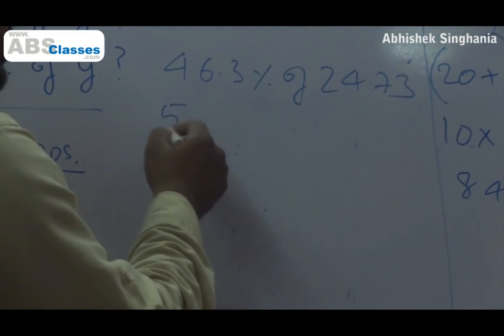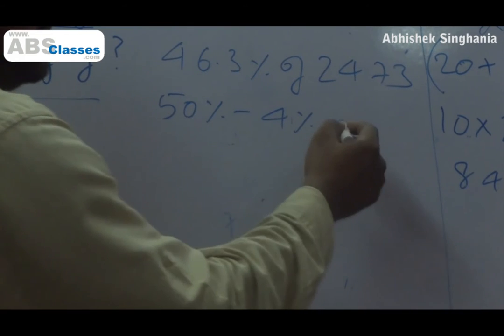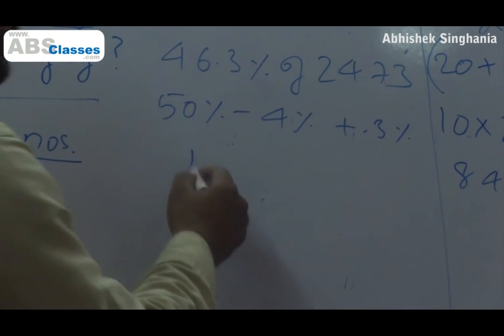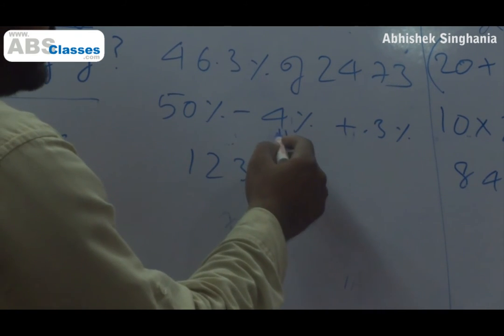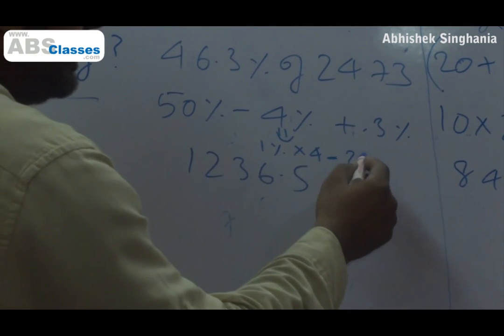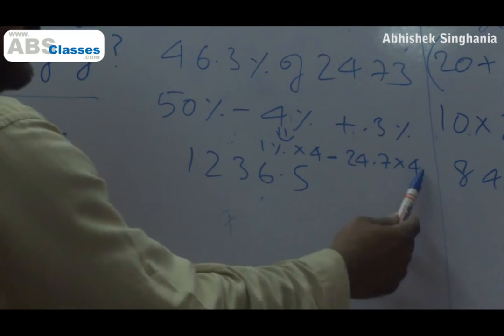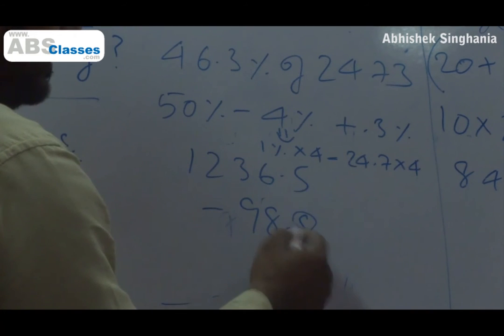So what I can do is say 50% minus 4% will give me 46%, plus 0.3%. So 50% is half of this number, so 1236.5. 4% is nothing but 1% into 4, which is equal to 24.7 into 4. So 96, 2.8, 98.8. So minus 98.8.